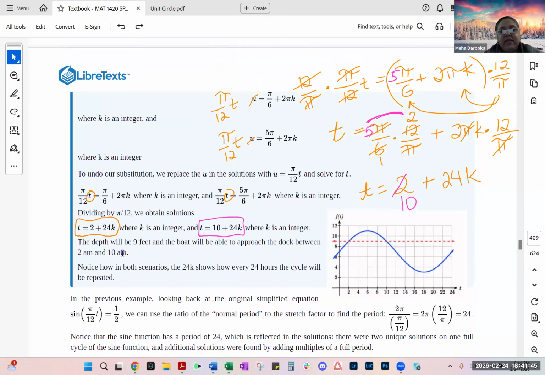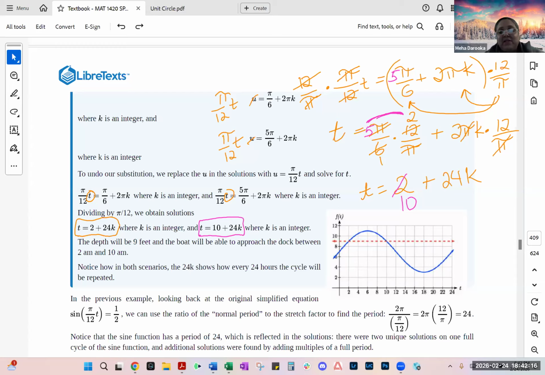We are saying, okay, the depth will be 9 feet and the boat will be able to approach the dock between 2 a.m. and 10 a.m., because remember the 2 represents how many hours after midnight. If midnight is your starting point, that's your 0 hour, right? So midnight becomes 0. The 2 tells us it's 2 hours after midnight, so 2 a.m. And the 10 in the other time tells us it's 10 hours after midnight, so that's going to be 10 a.m.